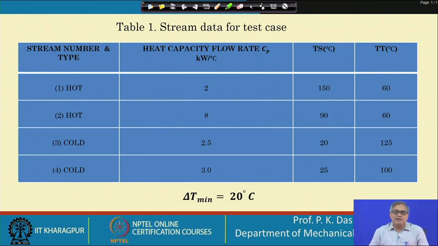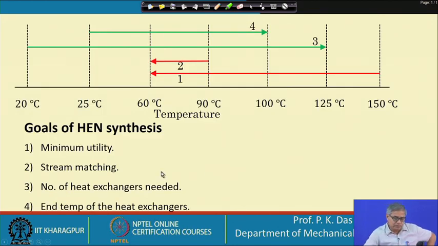It means the minimum temperature difference allowable between two fluid streams in a heat exchanger. Sometimes it is also called the pinch, this is your 20 degrees Celsius. We cannot design a heat exchanger where two fluids exchange heat and the temperature difference between them is below 20 degrees Celsius. All right, let us go to the next slide.